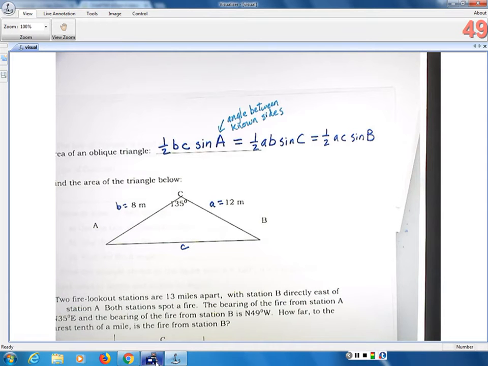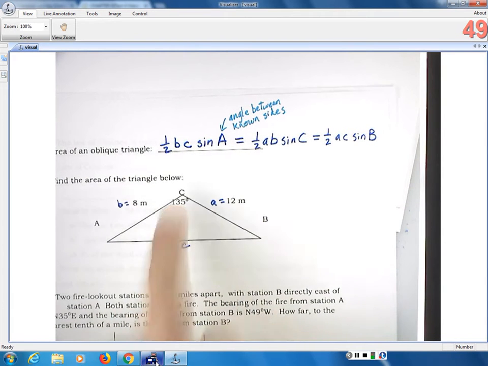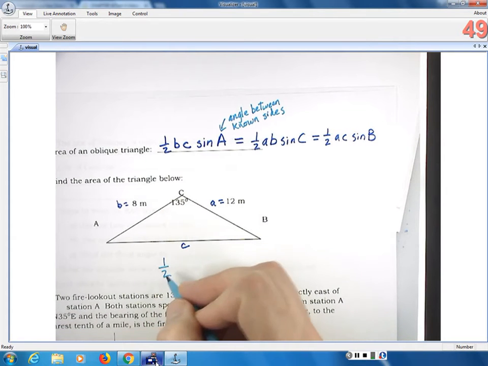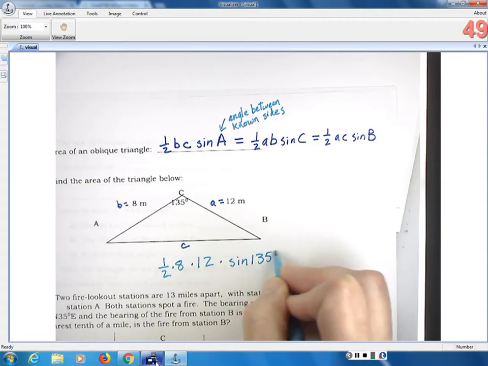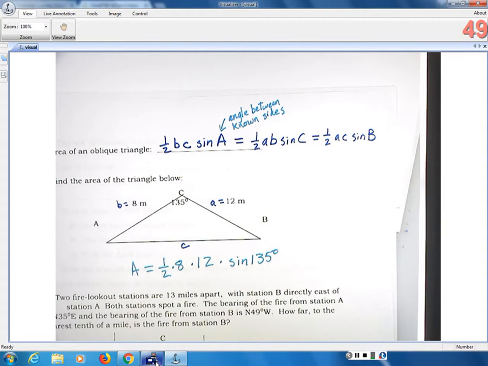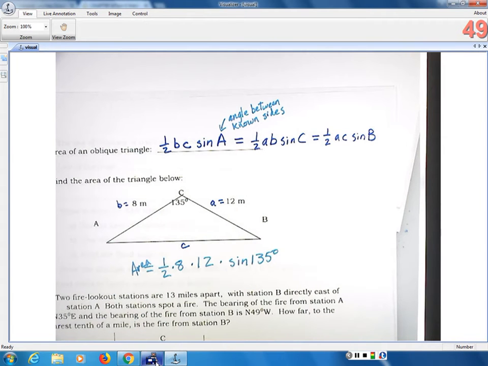So find the area of this triangle. We're going to use the sides we know here and take the sine of the angle in between them. So it's 1/2 times 8 times 12 times sine of 135 degrees. The area, capital A. Oh, I should write area. You put that in the calculator.